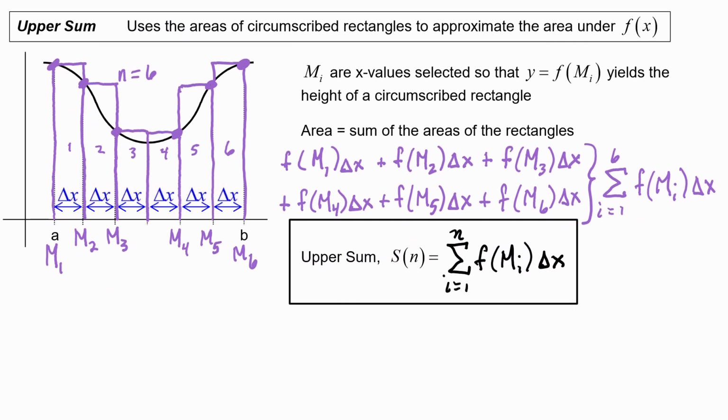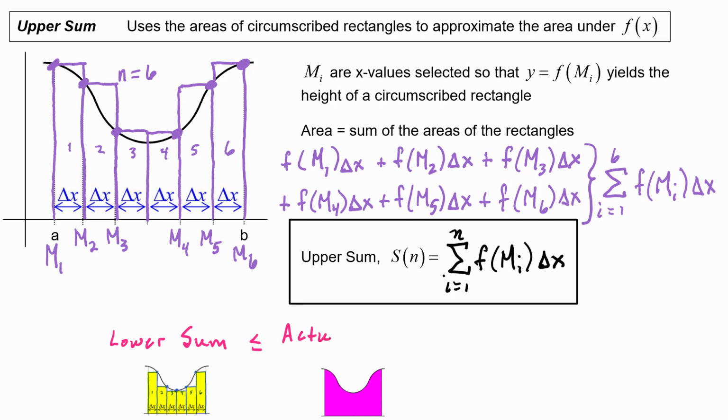So in general, we say that the lower sum will be less than or equal to the actual area under f of x, which will be less than or equal to the upper sum.